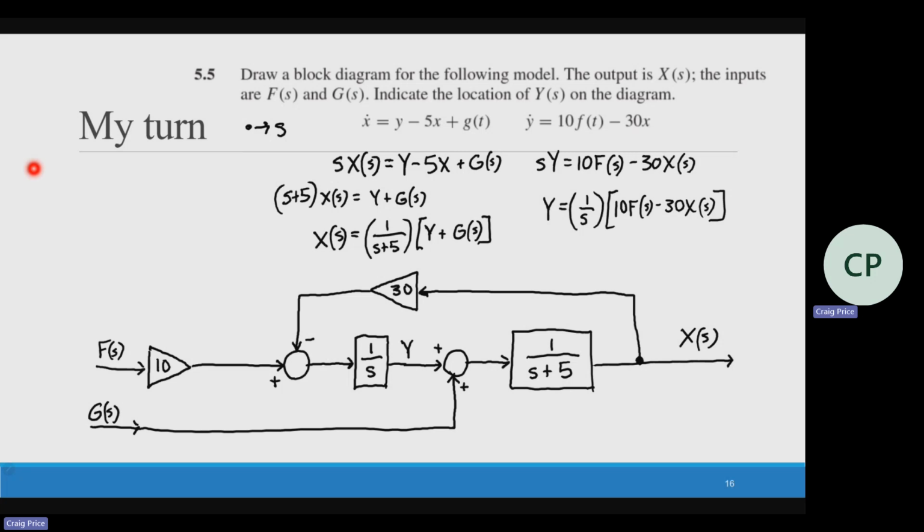Now, is it possible to simplify this? It may be possible to simplify some of the things going on here, but it is a little bit trickier. If I just had one input, if I just had an input of f, I should be able to pull all this together into one transfer function. But with the two not being added at the same place, there are different parts here.